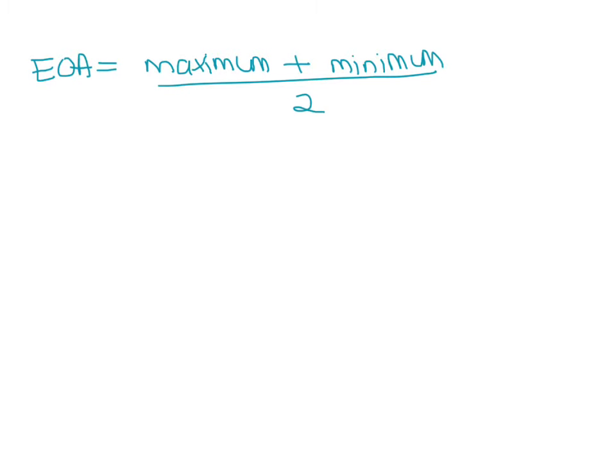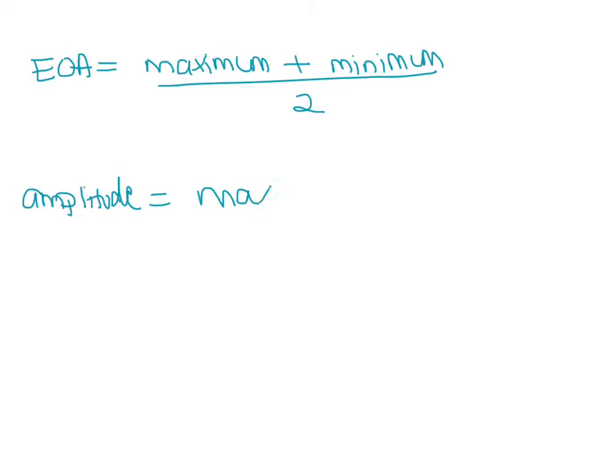Okay, so for equation of axes, we can determine the equation of that by taking the maximum value, adding it to the minimum value, and dividing by 2.